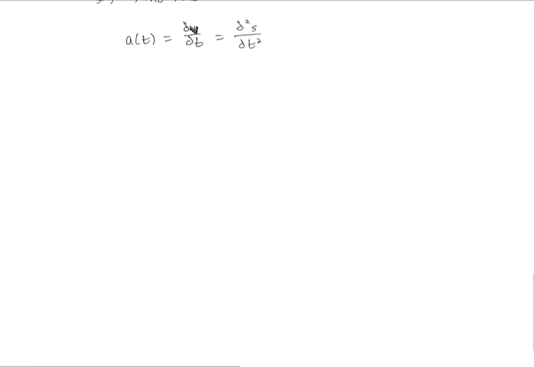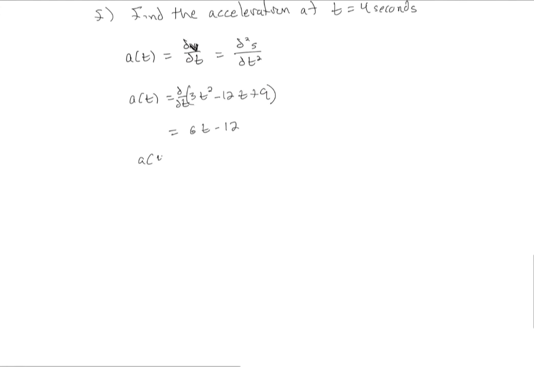That was 3t squared minus 12t plus 9. So what we want to do is take the derivative of the velocity. So we're going to end up with 6t minus 12. So if we want the acceleration at 4 seconds, we're going to plug 4 into that equation. And I'm going to get 12, and then our acceleration will be meters per second squared.